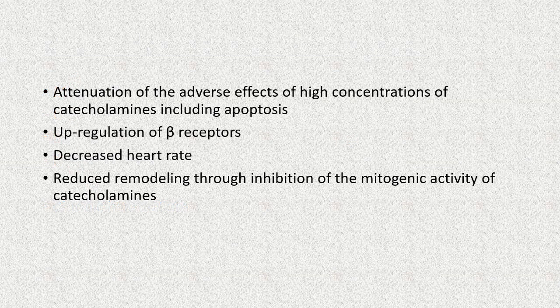The rationale why we are using it, because it reduces the adverse effects of high concentrations of catecholamines, including apoptosis. As we read earlier, the compensatory mechanisms come into play as soon as the cardiac output decreases. So the catecholamines will be producing adverse effects, and we also discussed that caspases are produced which cause apoptosis, and that will also produce remodeling, etc. So it will decrease those effects, and it will upregulate the beta 1 receptors.